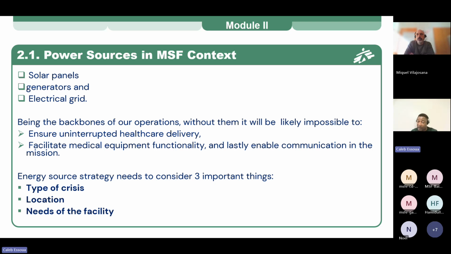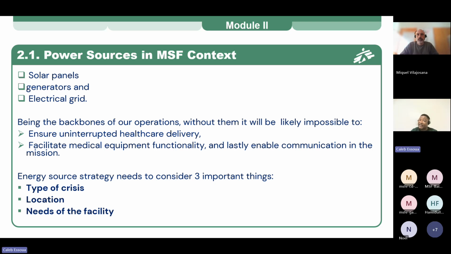The last and very important one is the need of the facility. For this, you have to estimate, or if you have a medical team, you can ask them. They can provide you with information, and then you can estimate your load using power generator sizing tools.